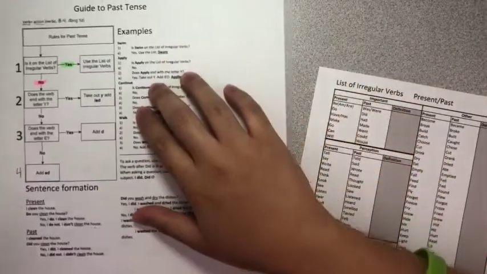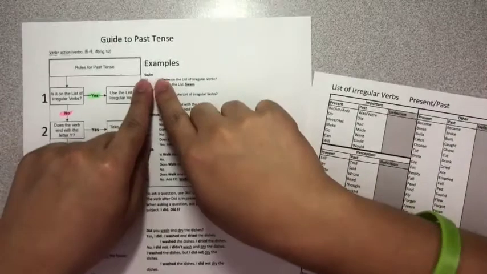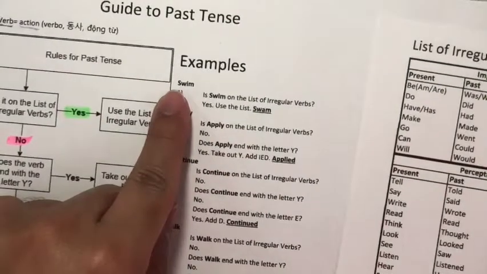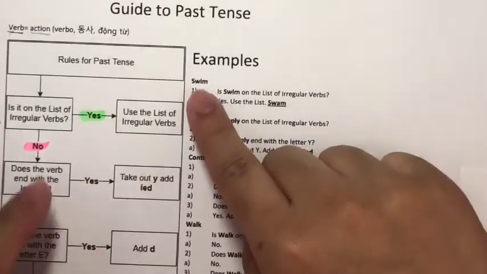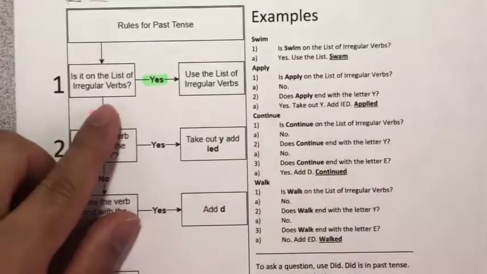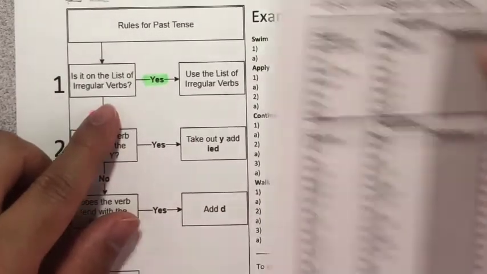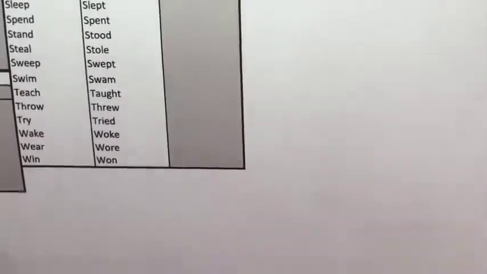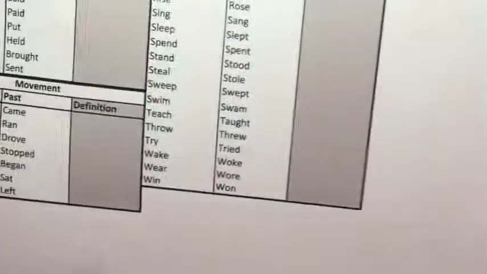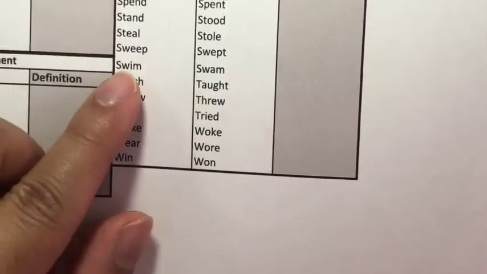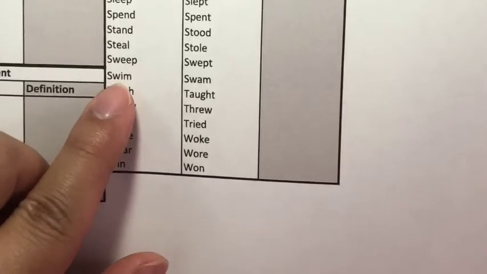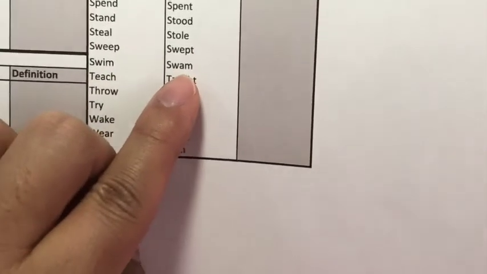So let's look at an example. The word swim. Is it on the list of irregular verbs? Yes. The word swim. In present, we say swim. In past, we say swam.